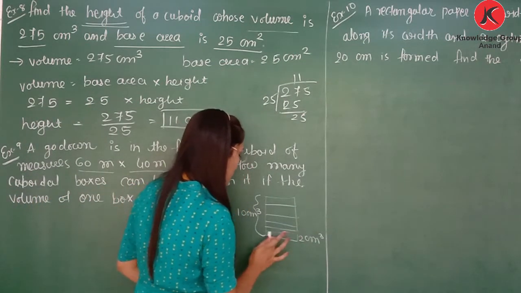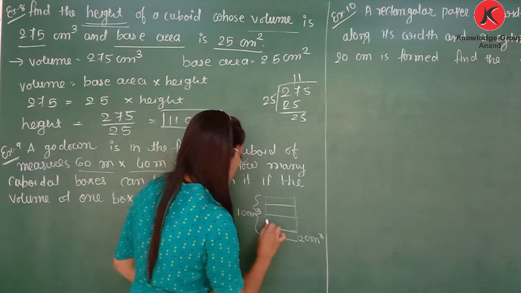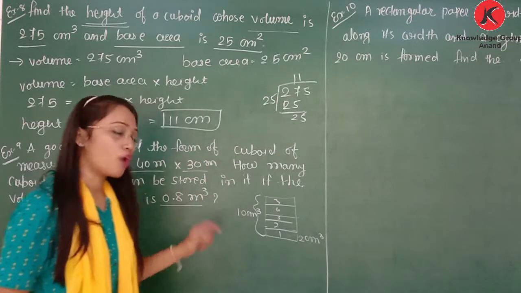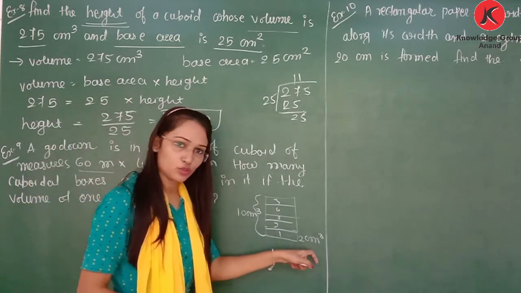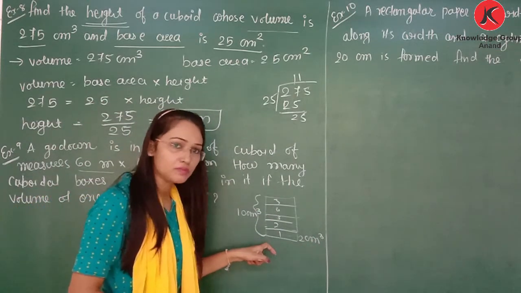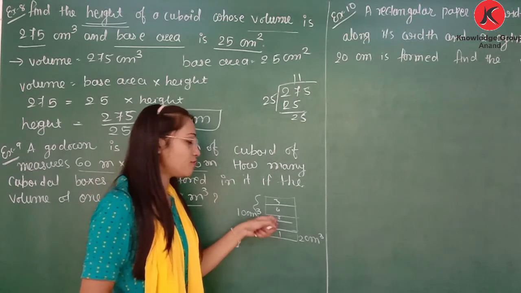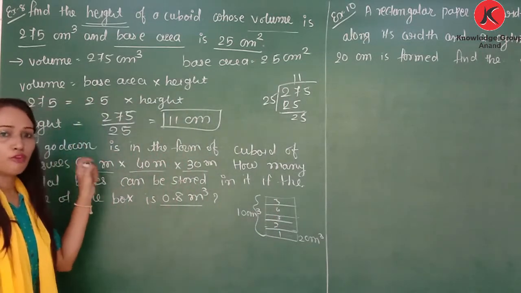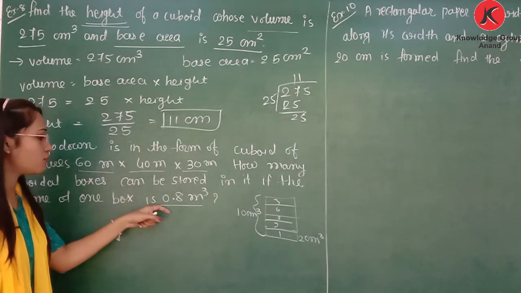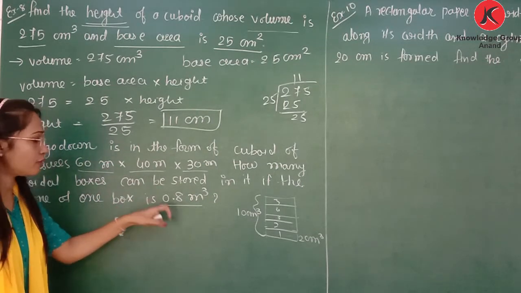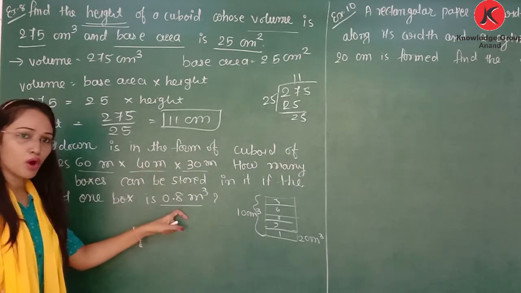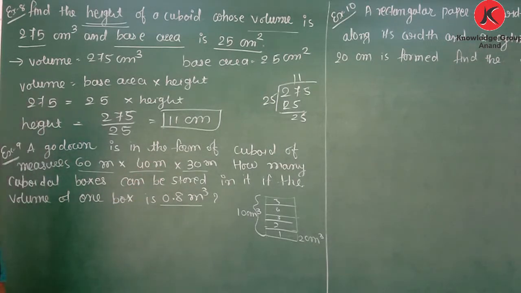We can consider this as first, second, third, fourth and fifth. Why? Because the volume of one box is 2 and if the total volume is 10 centimeter cube, then we can place 5 boxes. Same here, if we know the volume of the godown, and the volume of one box is given, then if we divide the total volume of the godown by the volume of one box, we can find the number of boxes.